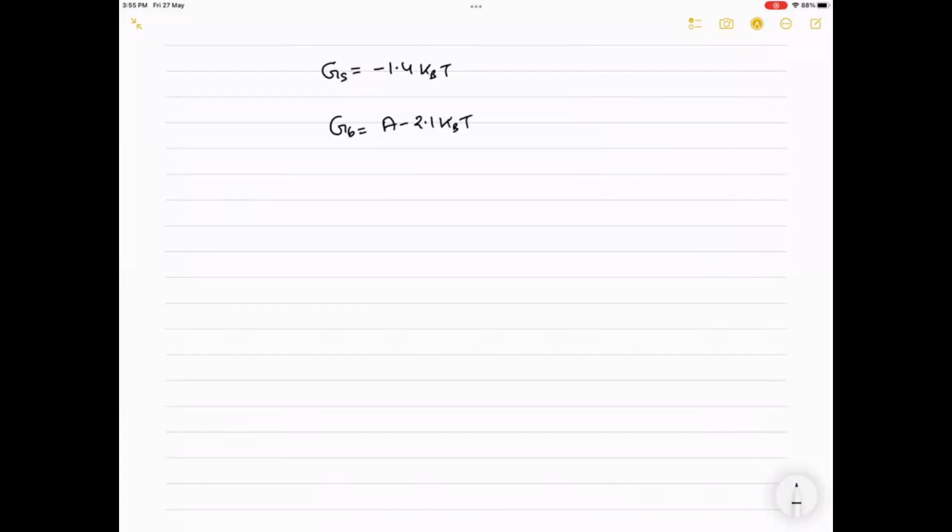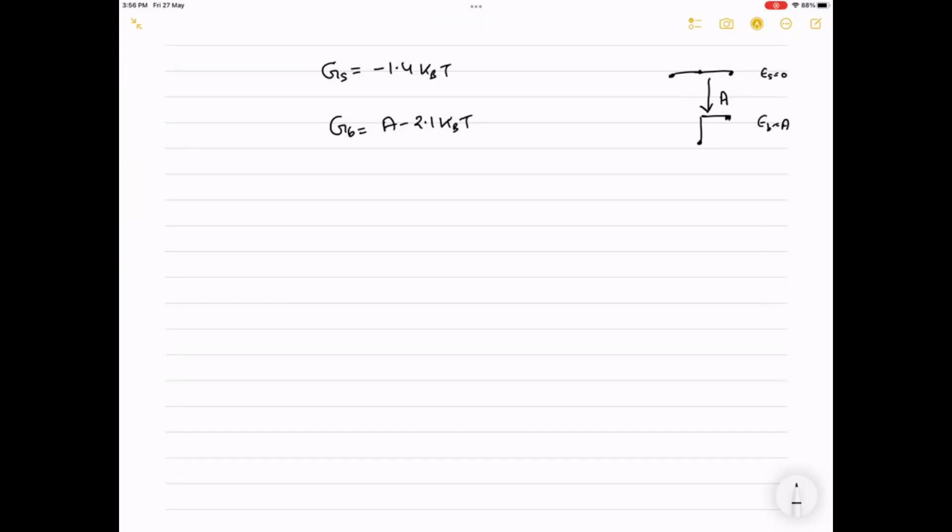What was given in the problem is that when it is in the straight macroscopic state, the energy is 0, and when it is in the bent state, the energy is A. That means it requires a certain amount of energy to go from the straight state to the bent state, and that amount of energy is A. Now suppose this bending is spontaneous, that means no energy is required to go from here to here.